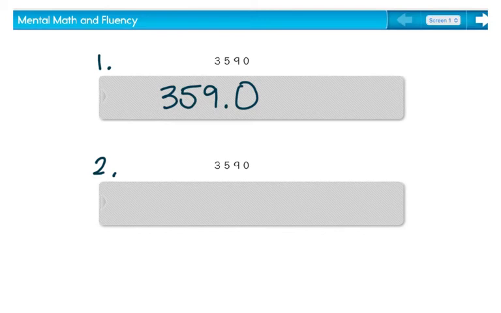Listen to where the decimal point should be. 35 and 90 hundredths. 35 and, when I hear that decimal point, I hear the word and, 90 hundredths.